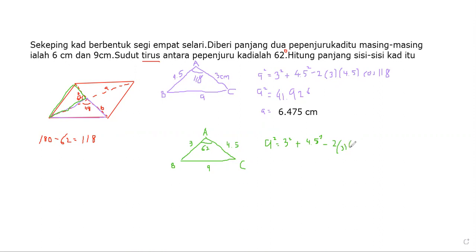Basically we're just substituting the values given into the equation, and of course our cos will be cos 62.